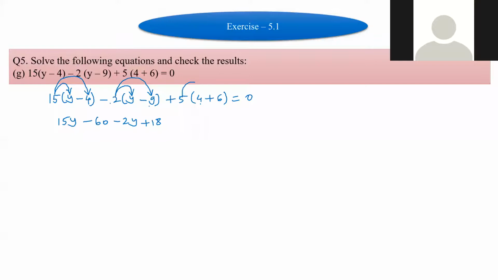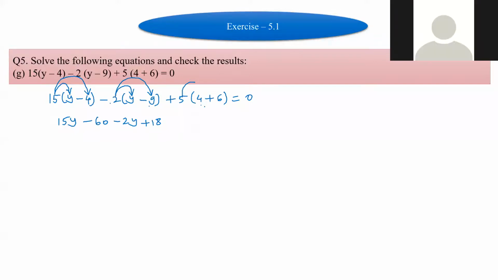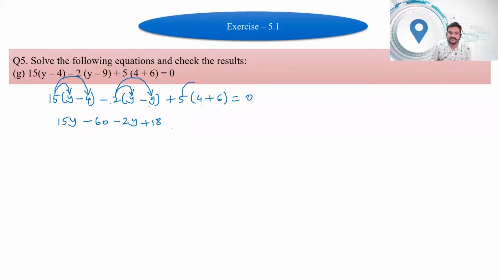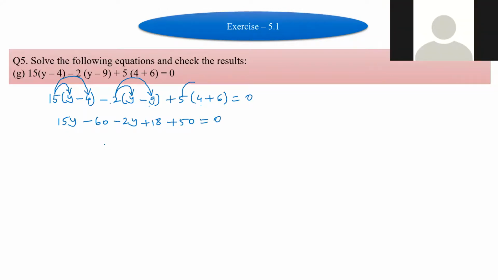Then plus 5 into this. First tell me, 4 plus 6 is how much? 10. 10 multiplied by 5 is how much? 50. So plus 50 will come here, and it is equal to 0. Then we will shift.